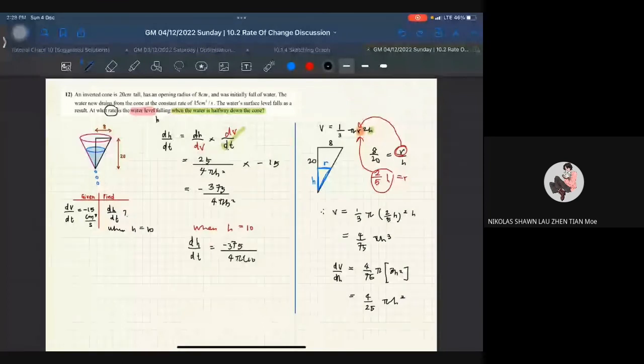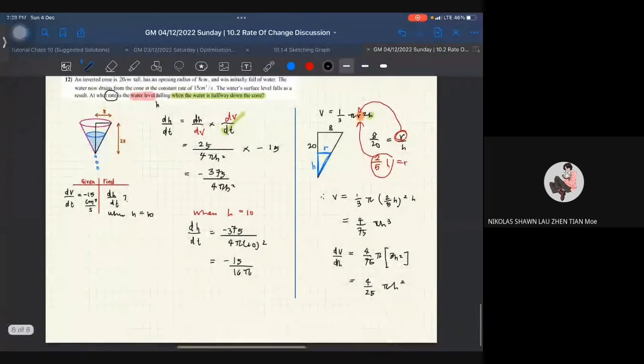So ini tekan je terus kalkulator. So awak akan dapat negatif 15/16 pi, pi dekat bawah. Okay, and then the unit adalah soalan minta dh/dt, so height over time lah. So height is in centimeter, and then time is in second. Settle. Okay, so itu sahaja untuk soalan nombor 12.